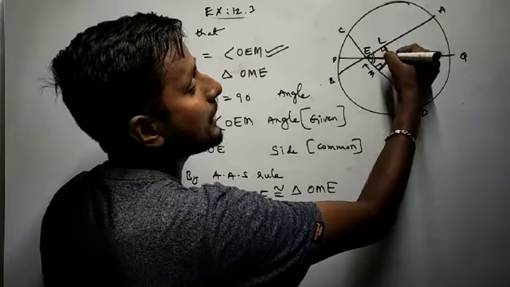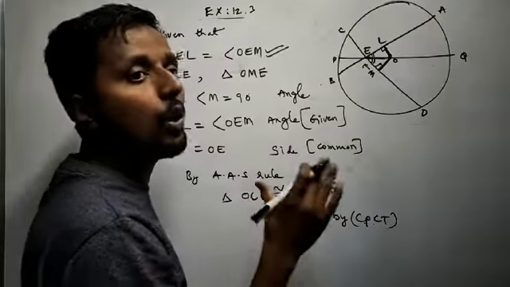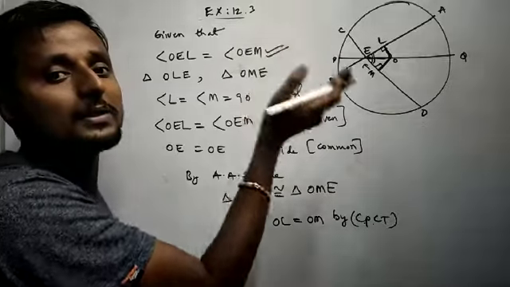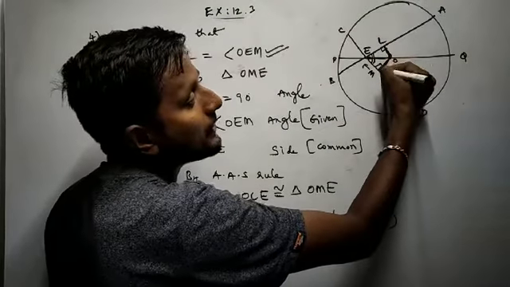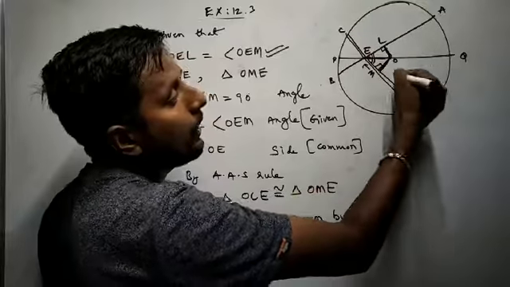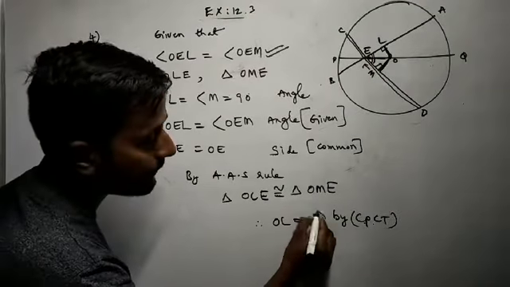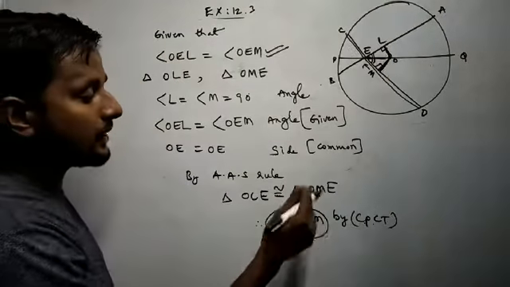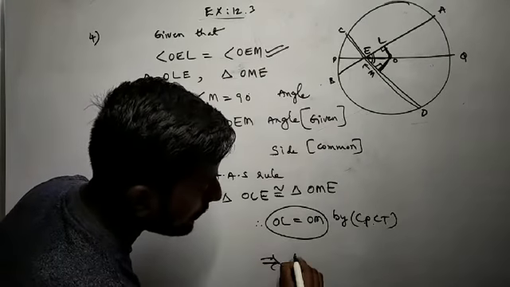OL is a distance which is placed to the chord AB. So what is the distance of AB from the center? And CD. OM is a distance of a chord from the center. So simply what I say, the distance of both chords from the center is equal. So therefore the chords are also equal.